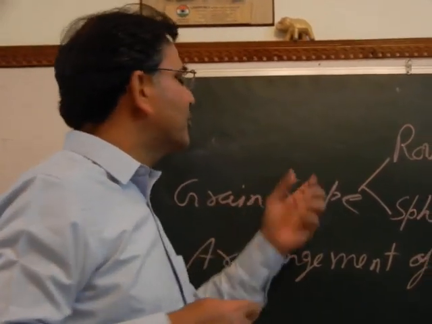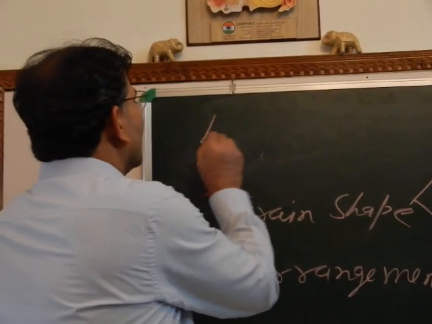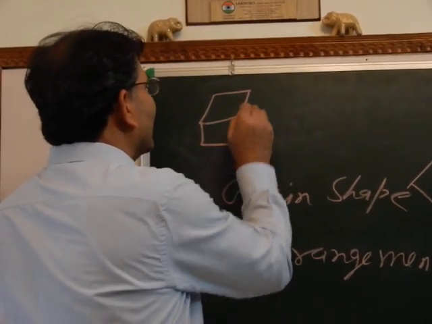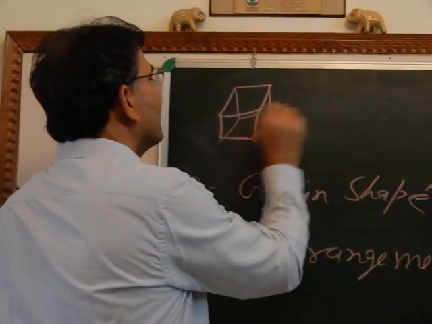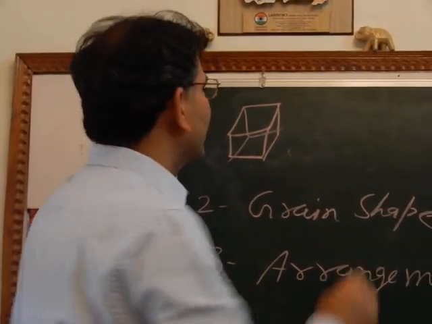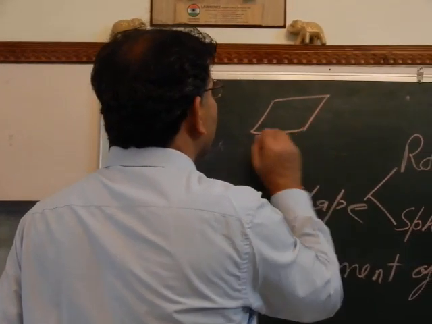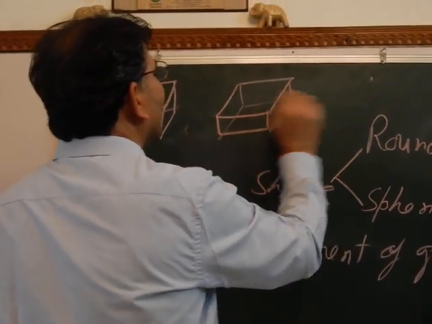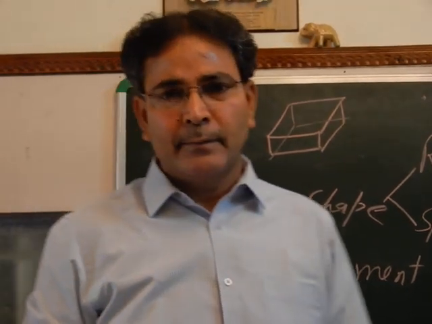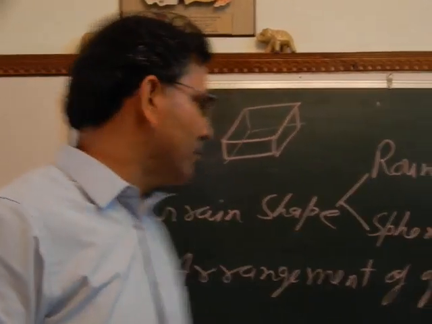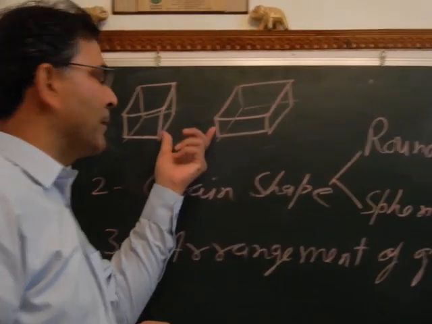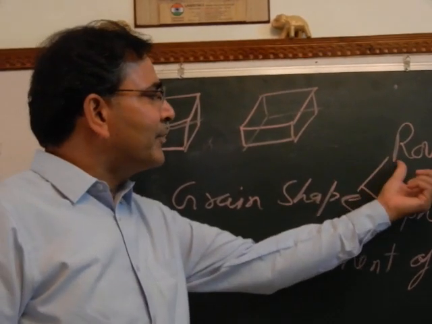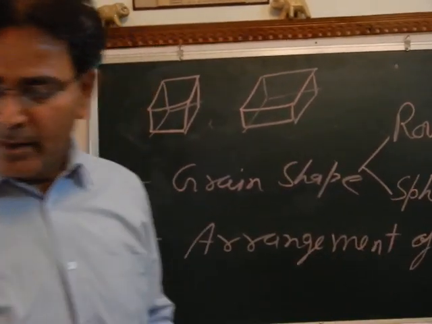Sometimes we use the shape term equant if all the different axes of the grains are roughly equal. Sometimes we use the term tabular if two sizes are equal. Then prismatic, oblate, all these terms are used for the shape of the sediments. Then the roundness and sphericity.